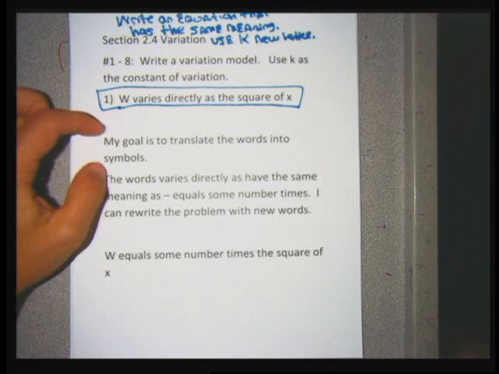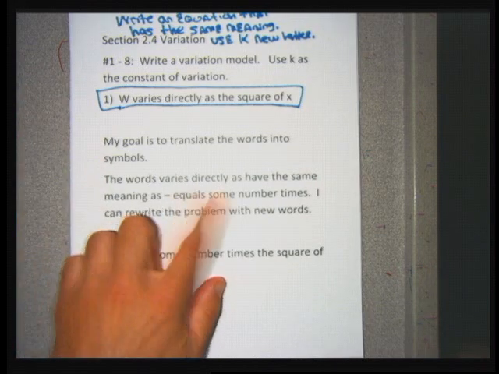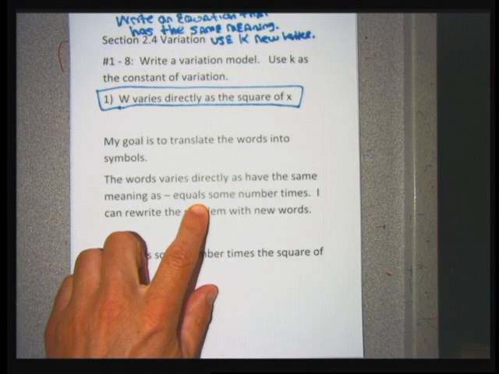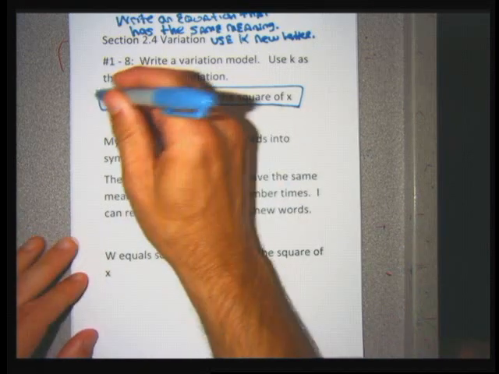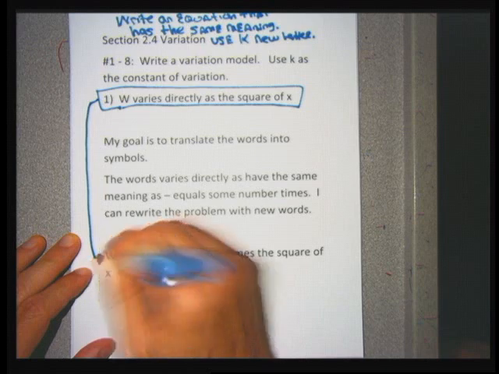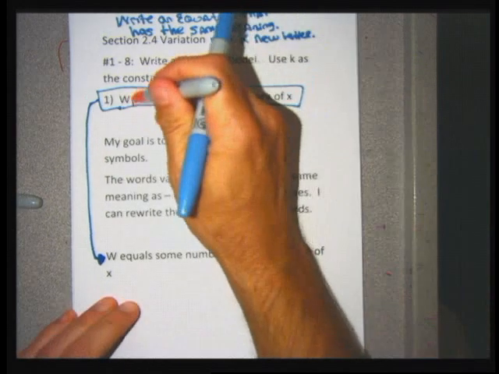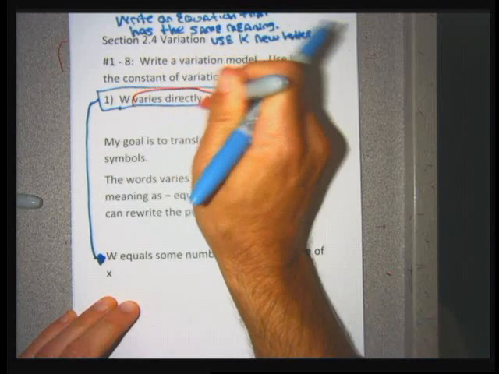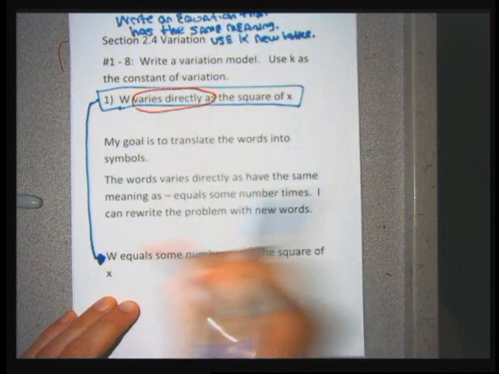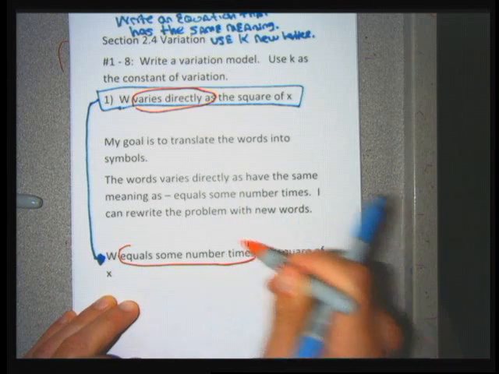I want to translate those words into symbols or an equation. And because I know the words varies directly have the meaning of equals some number times, I can take the initial statement and rewrite it. That's what I'm going to do for each of the first 8 problems. I'm going to take the words that I have a hard time making a statement with and replace them with words that will help me.